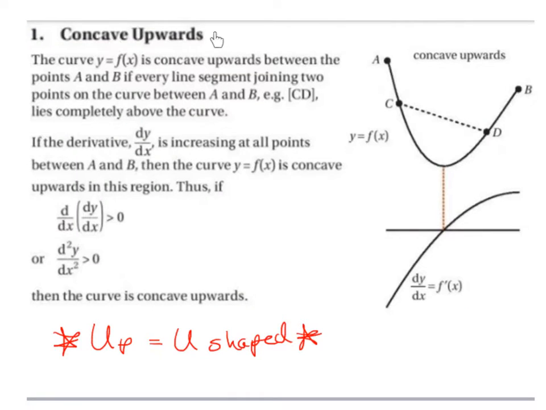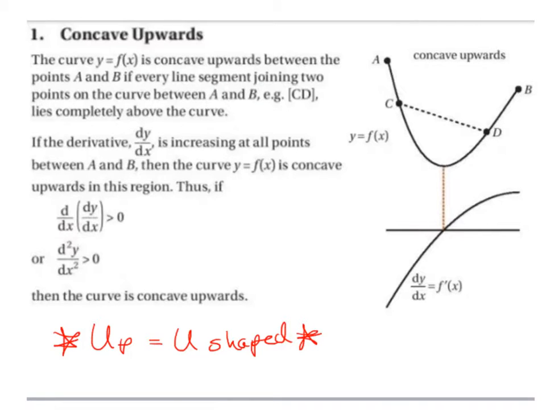So concave upwards. The curve y equals f of x is concave upwards between the points A and B if every line segment joining 2 points on the curve between A and B, for example CD, lies completely above the curve. So this U-shaped curve is y equals f of x.